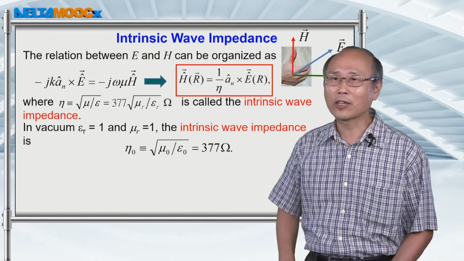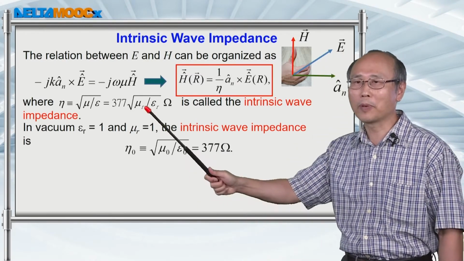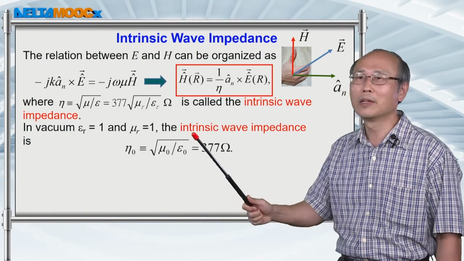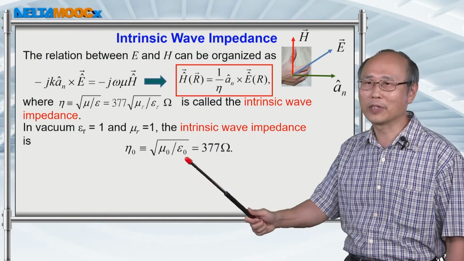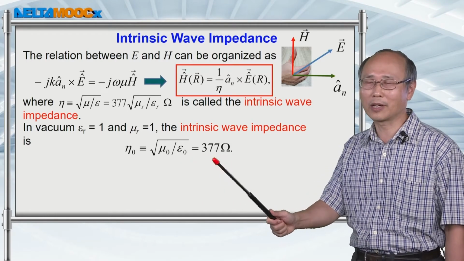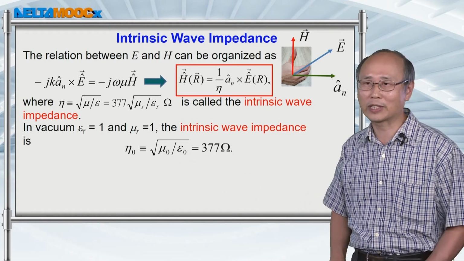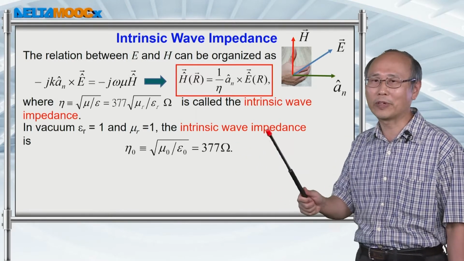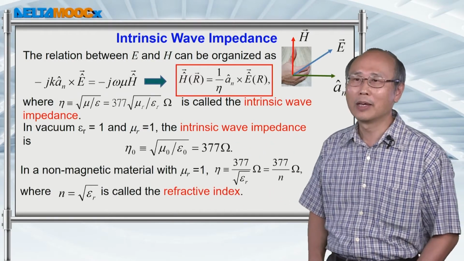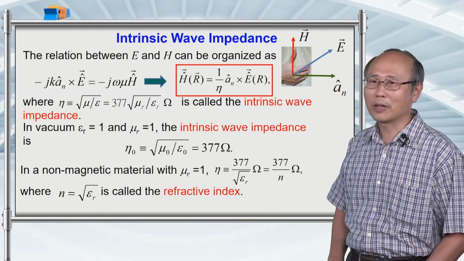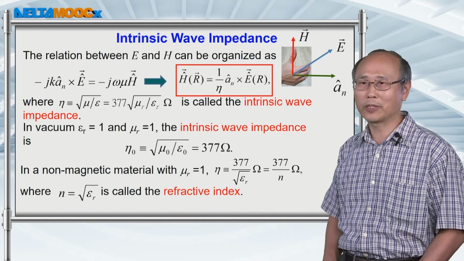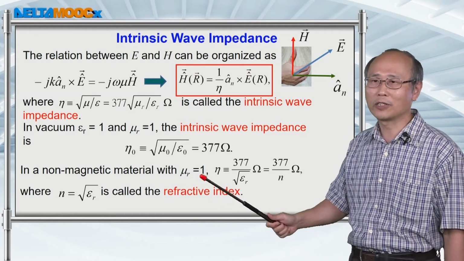In vacuum, the relative permeability and relative permittivity are equal to 1. So the intrinsic wave impedance is equal to this value, 377 ohm, and we call this the intrinsic wave impedance in vacuum. In optics, we often deal with non-magnetic materials, so mu r is equal to 1.